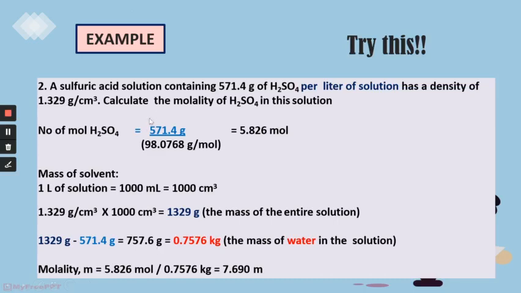For molality, the mass of solvent must be in unit kilogram, so you just convert this gram into kilogram using the equivalence 1 kilogram equals 1000 gram. So you will get the mass for the water.